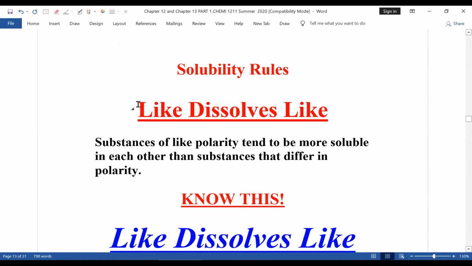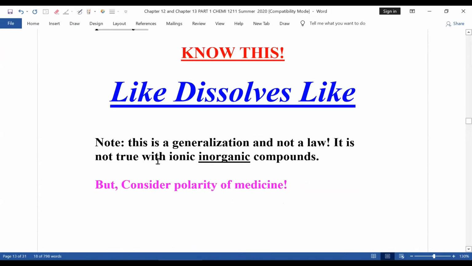And what this means is substances of like polarity tend to be soluble in other substances that, this is wrong. I don't know how this got messed up. Let me do my own thing. Don't look at this.